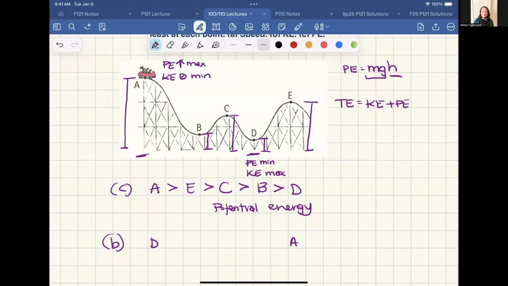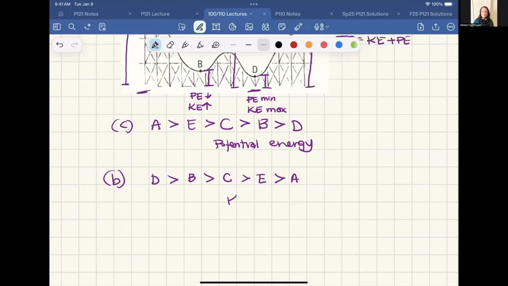Because this is where the potential energy is the next lowest, which means the kinetic energy is the next biggest, and then C after that, and then E, and then all the way back to A. So E has some more kinetic energy than A, and then C, and then B, and then D with the most kinetic energy.